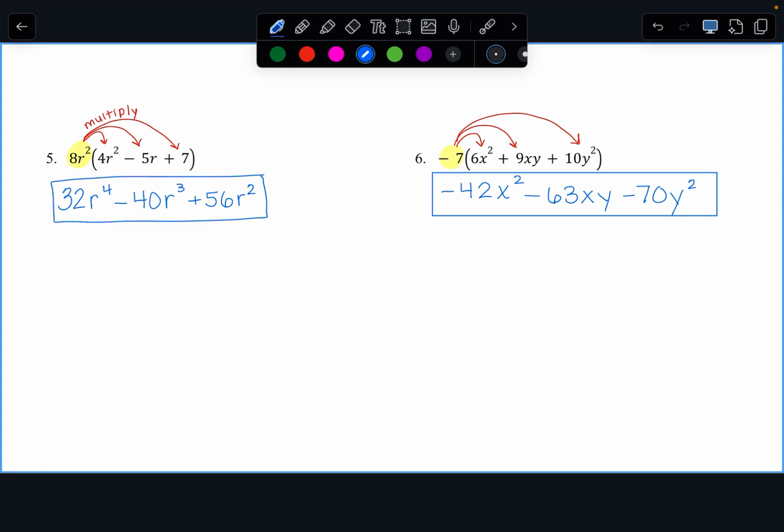I'm going to give us one more to try. What if we had negative 3x times 2x to the second minus 5x plus 7?